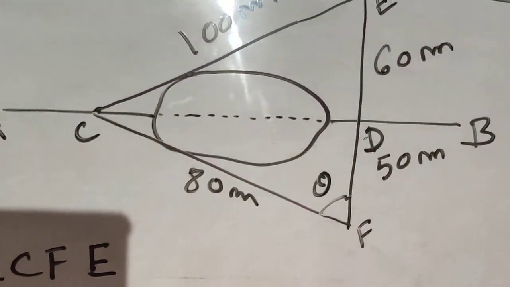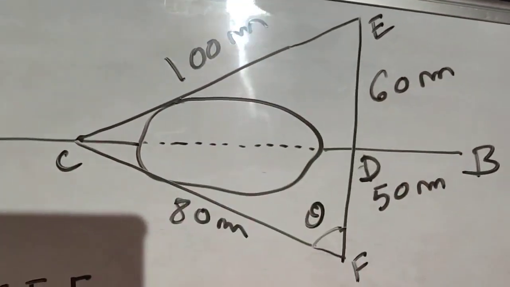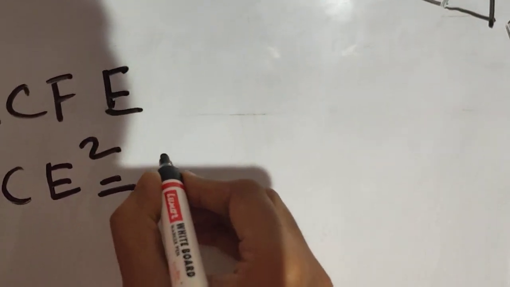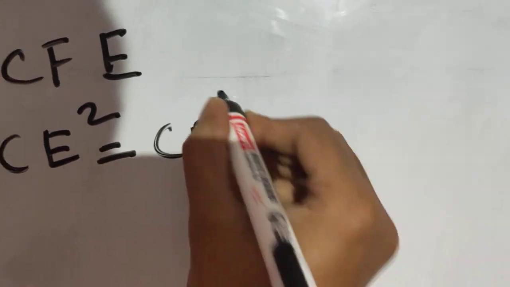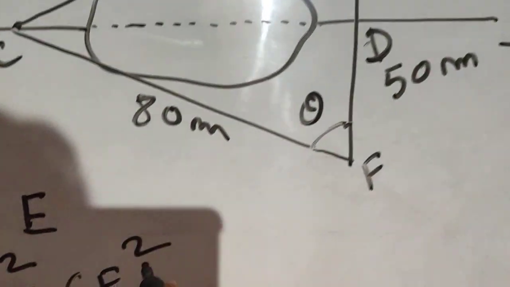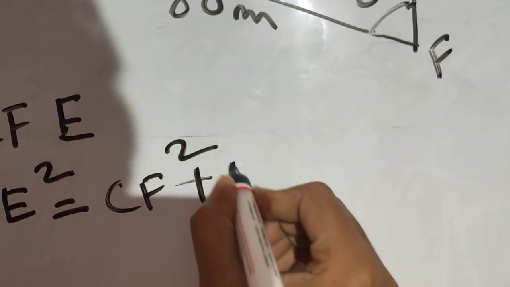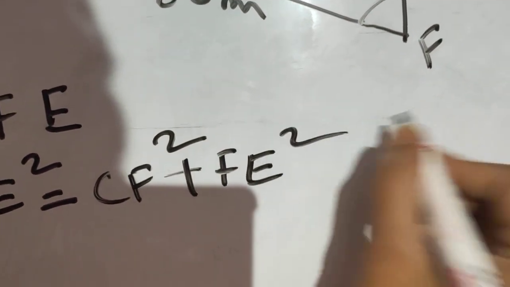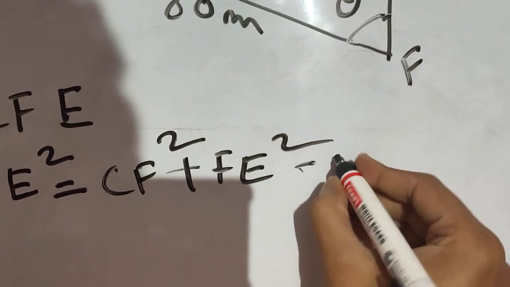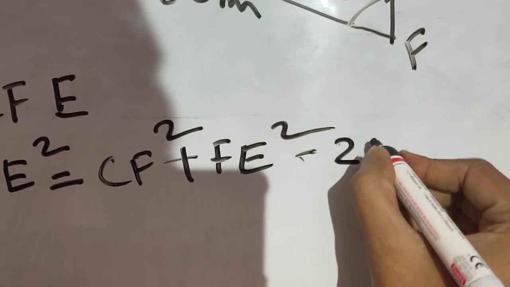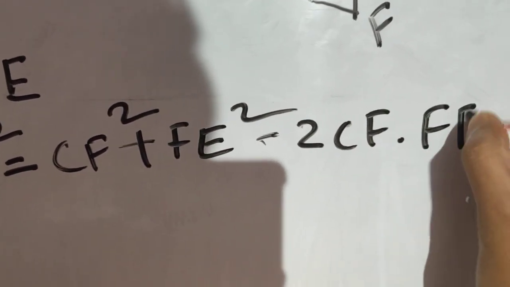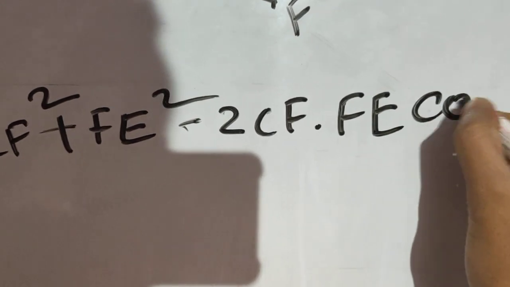So by applying cosine rule, we can write c square is equal to CF square plus FE square minus 2 CF FE cos theta.